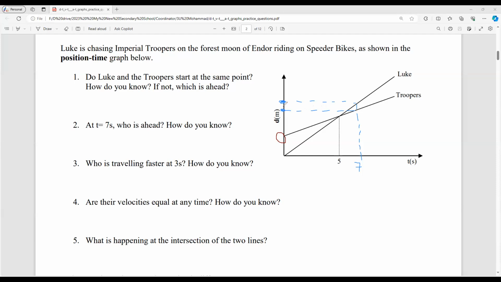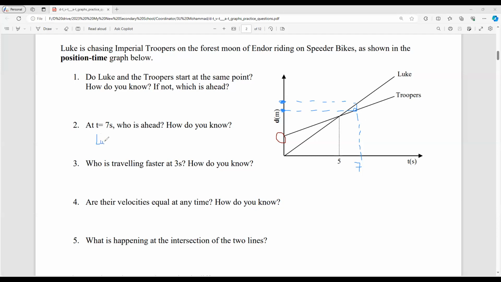So who is further? Who is ahead at 7 seconds? Should be trooper. For trooper, the graph is here, and they will be at this position. But for Luke, when you hit the line and go horizontally, it will be higher. Higher shows a bigger distance. So Luke will be ahead, right?